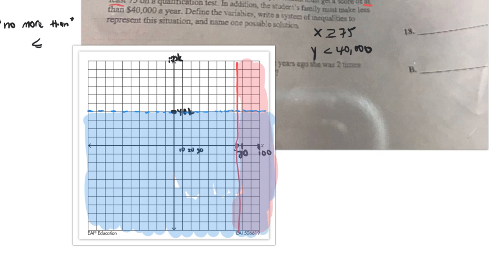So what that means is our solution set is in the green area, right? We're in the green area. Now, let's just pick any old point. Let's say 90 right there, 90 as a possible score. And we could say that right there is 10,000, okay, as a possible salary.